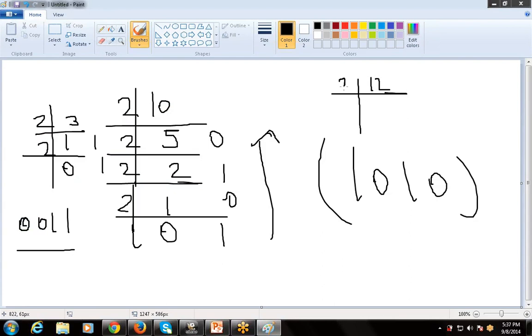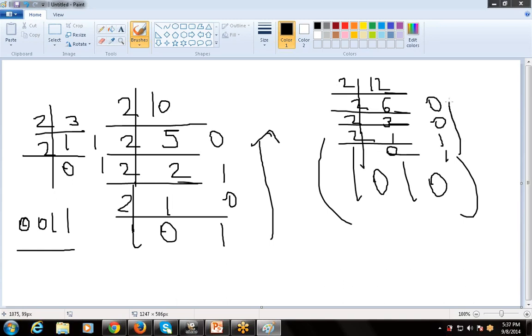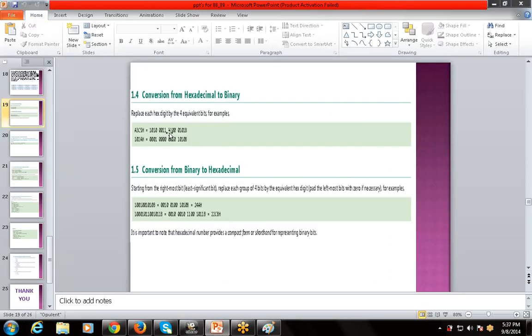Dividing by 2 gives remainders 0, 0, 1, 1, so this is 1100. In the same way, 5 has the value 0101.